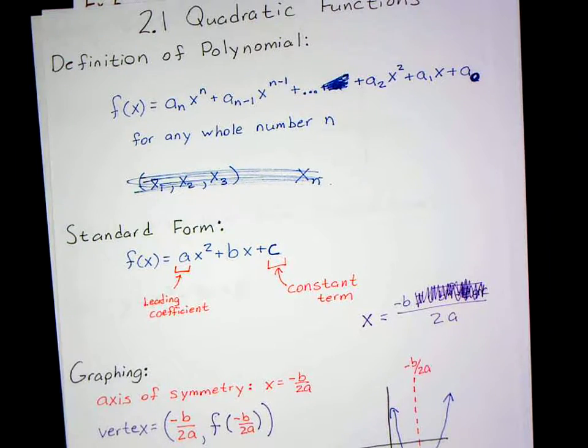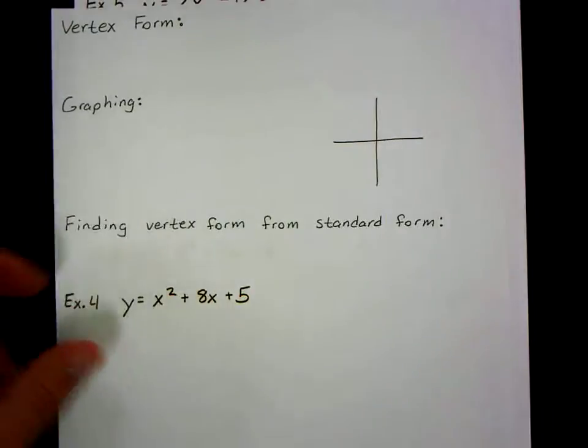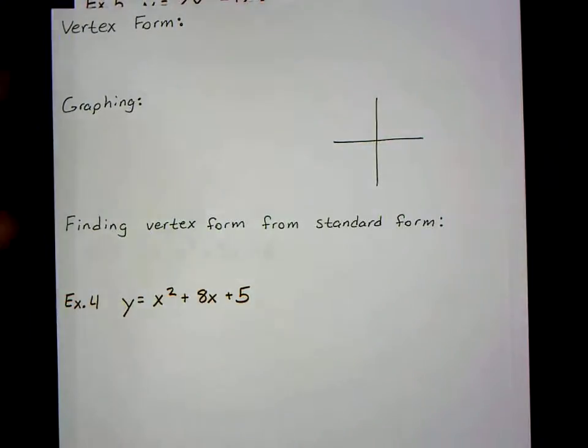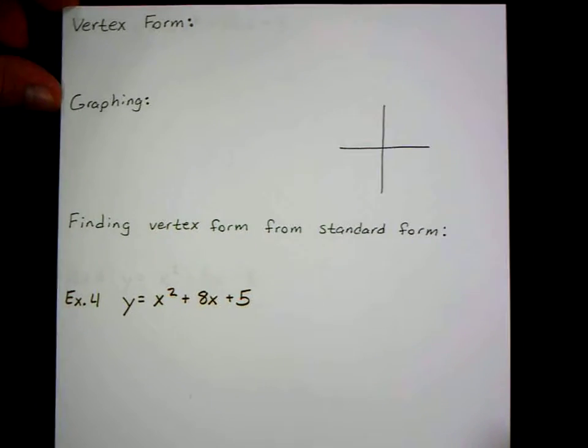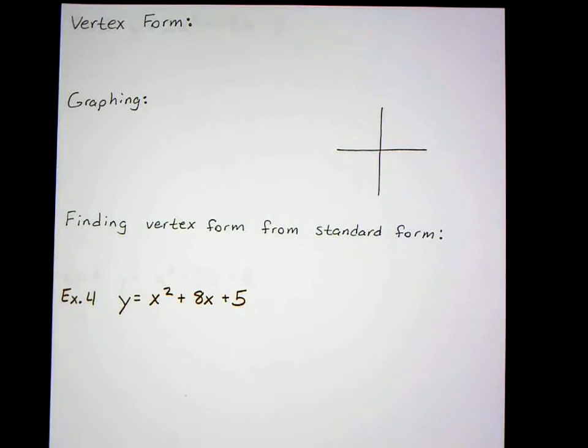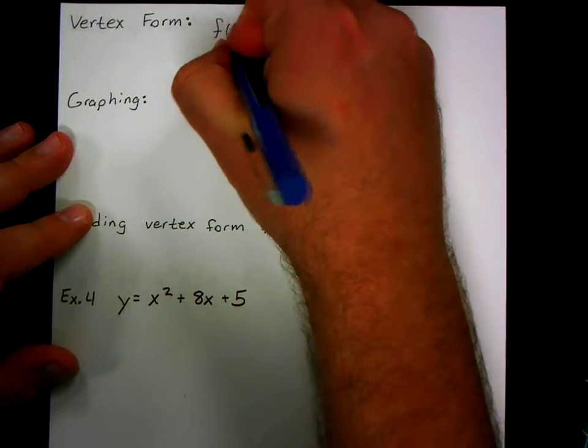Okay. Now, this is where it's going to get confusing with the book. And I apologize for it. I cannot follow the book. I hate the book. All right, vertex form. One of the reasons I don't want to follow the book is because this is what you were taught was vertex form in Algebra 2 and in Algebra 1. Vertex form is this one.